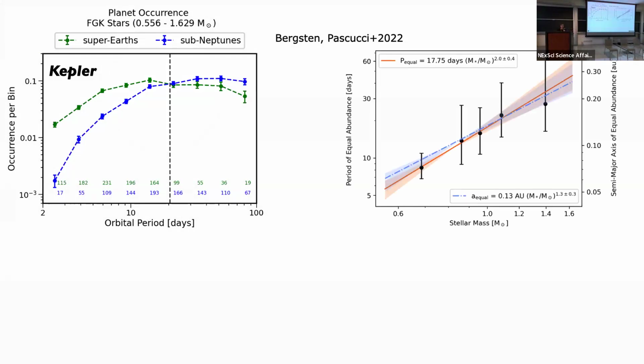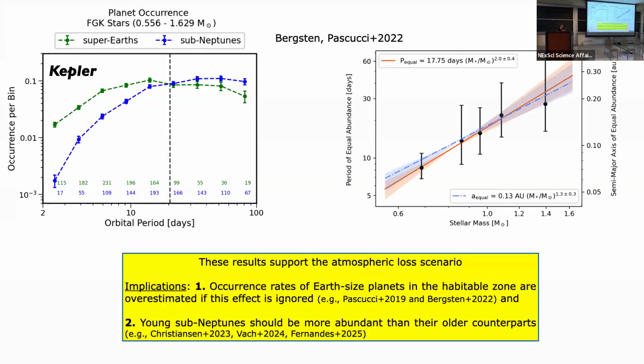So one way to interpret these results is still in the context of atmospheric mass loss. This has important implications. Here I'm just listing two of them. The first one I cannot discuss because I don't have time. I just have 1 minute. But if you want, you can ask me later. It's important when you try to extrapolate into the habitable zone and figure out eta Earth.